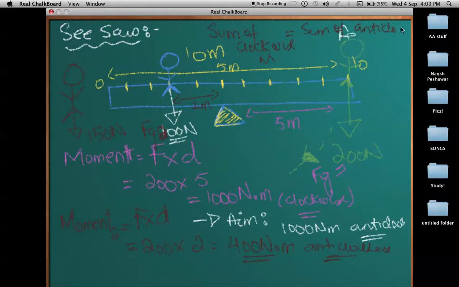In this case, sorry, the clockwise moment is, let's say, 1000. And for now, I have produced a moment of 400 newton meters. But I need one more moment, which should add up with 400 and make 1000, which we know would eventually be 600 newton meters. So the other friend needs to produce a moment of 600 newton meters.